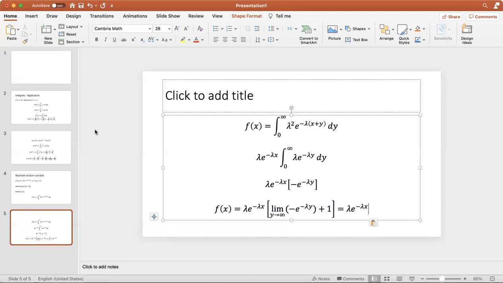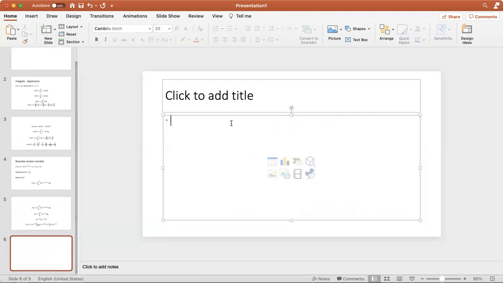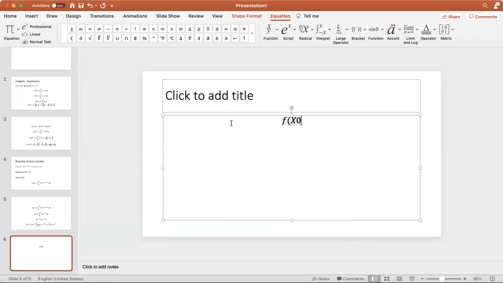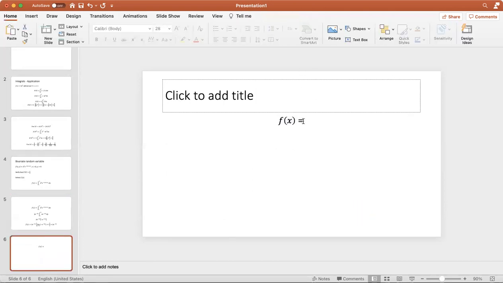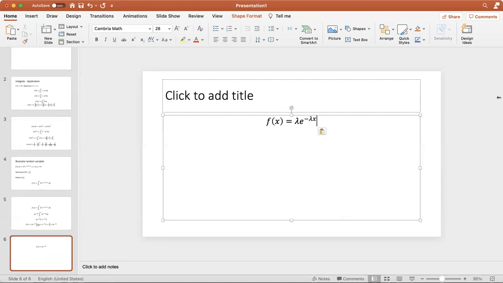Now we can solve for E of X using this marginal density function. So we now know what f of x is. f of x is equal to lambda e raised to negative lambda x. All right.